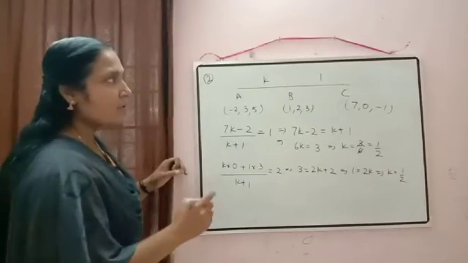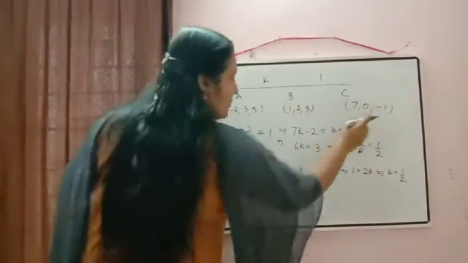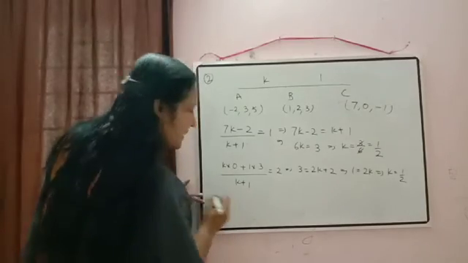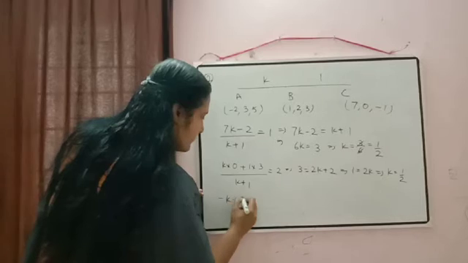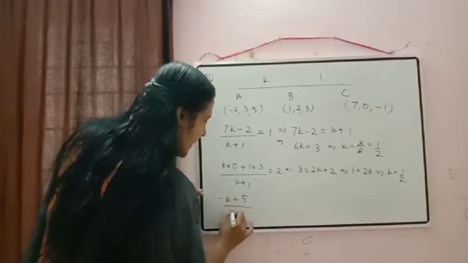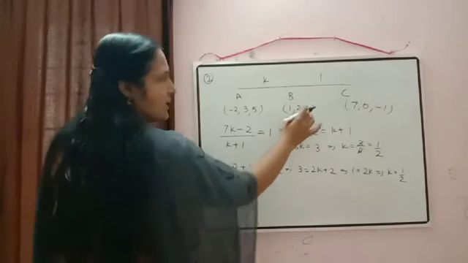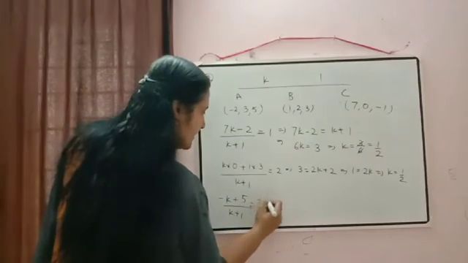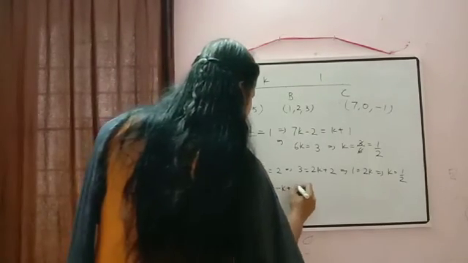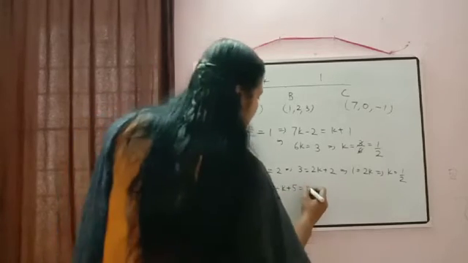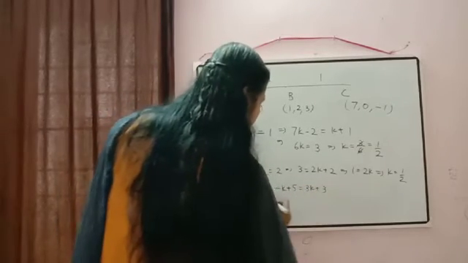Now the next, the Z coordinate. k into minus 1 is minus k, plus 1 into 5, which is 5, by k plus 1, is equal to 3, since the Z coordinate is 3. Now again check what will come. Minus k plus 5 is equal to 3k plus 3.